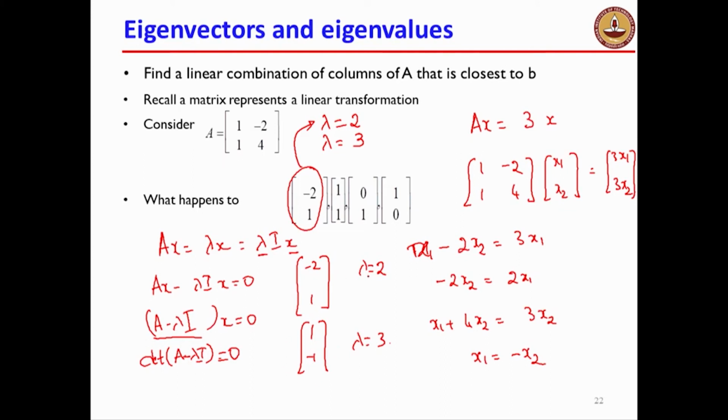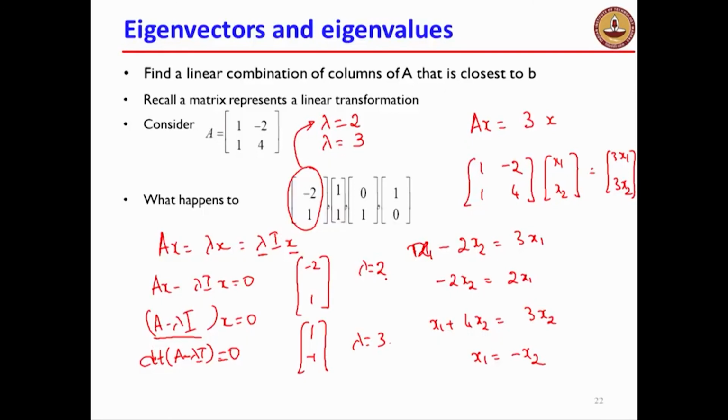They are all just collinear with either minus 2 comma 1 or 1 comma minus 1, and the eigenvalues are lambda equal to 2 and lambda equal to 3. So for this particular matrix A, there are two preferred directions, minus 2, 1 and 1, minus 1. These are the eigenvectors, and these are the corresponding eigenvalues.